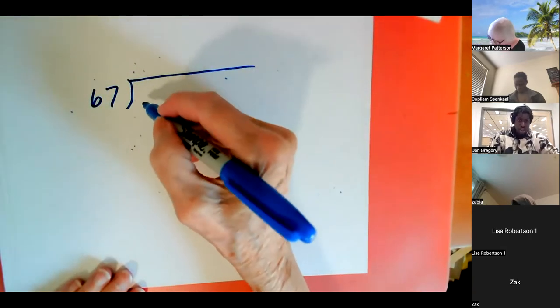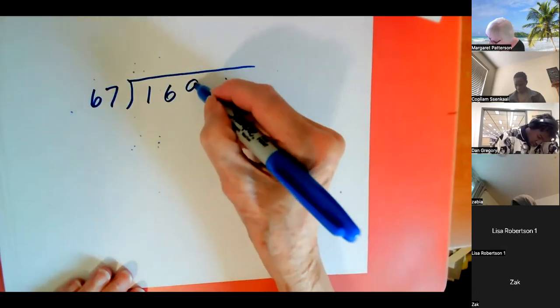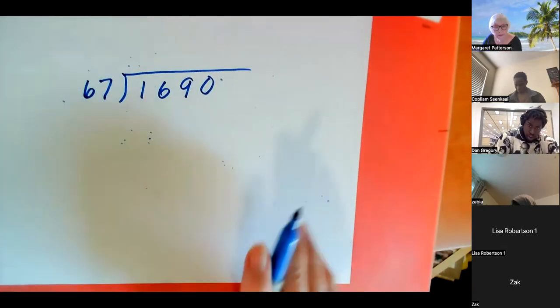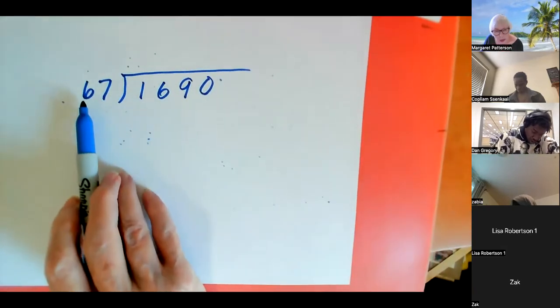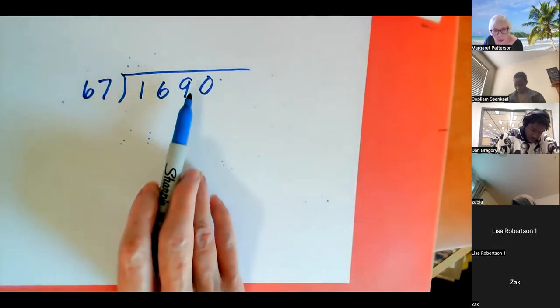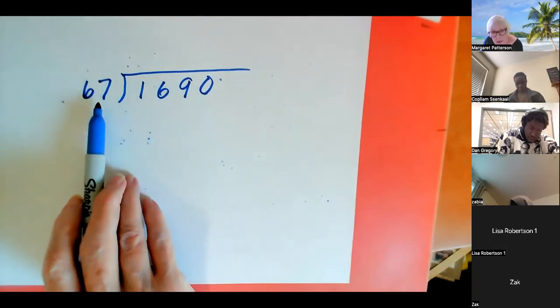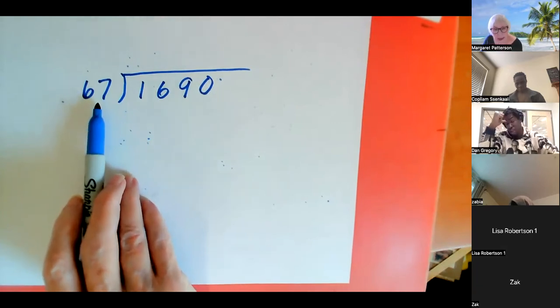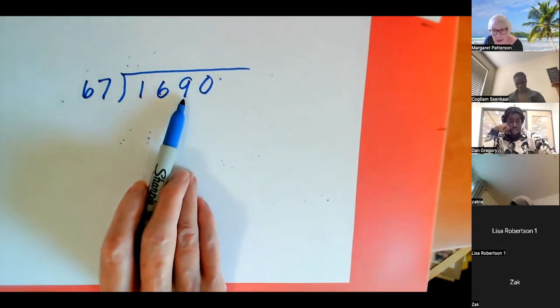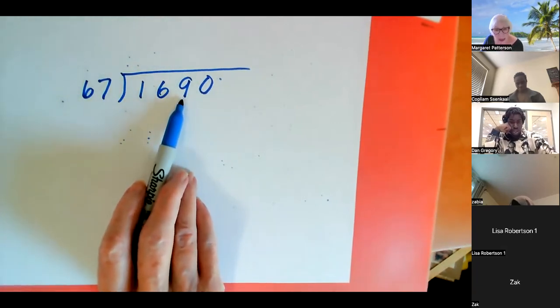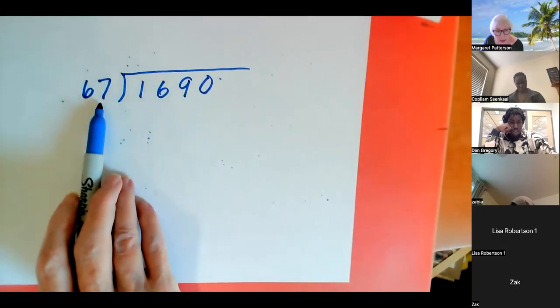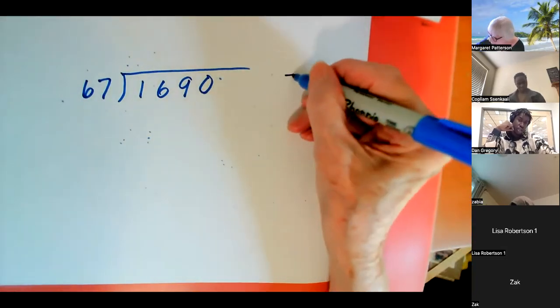Let's try one like this. When it starts to be 2 digits, there's a little more of a challenge, and sometimes rounding a little bit makes life simpler so that you make better guesses. So this is 67, but I'm going to think of it as 70.